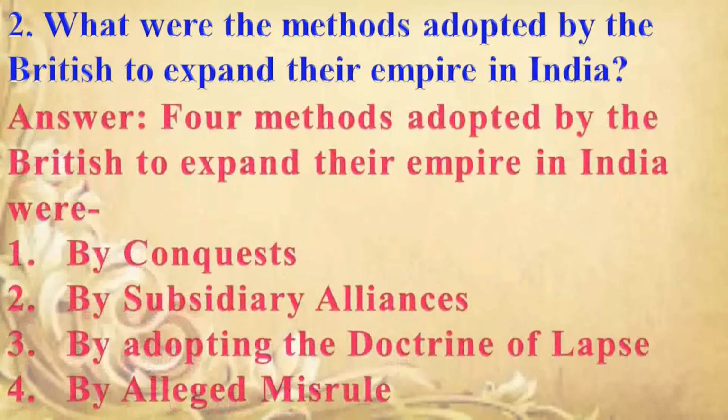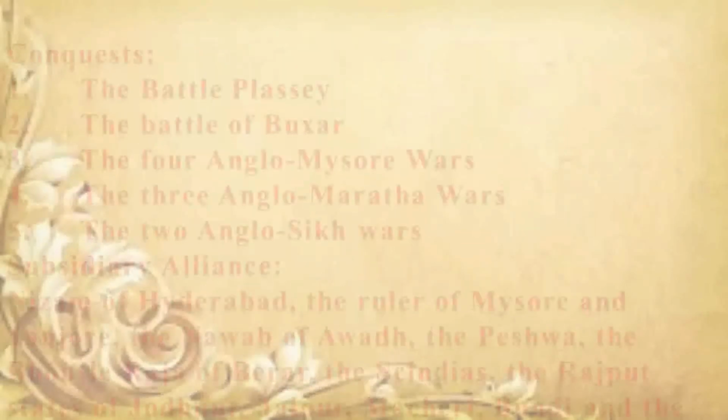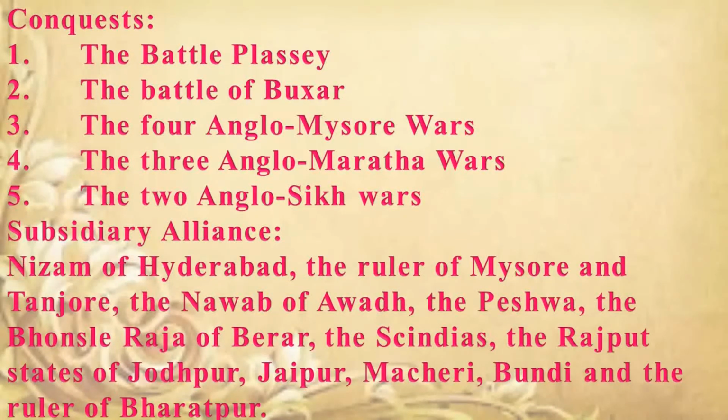What were the methods adopted by the British to extend their empire in India? Answer: four methods adopted by the British to expand their empire in India were conquest, subsidiary alliances, adopting the Doctrine of Lapse, and alleged misrule. Conquests: the Battle of Plassey, the Battle of Buxar, the four Anglo-Mysore Wars, the three Anglo-Maratha Wars, the two Anglo-Sikh Wars.